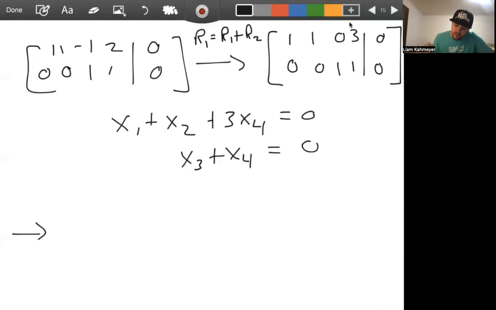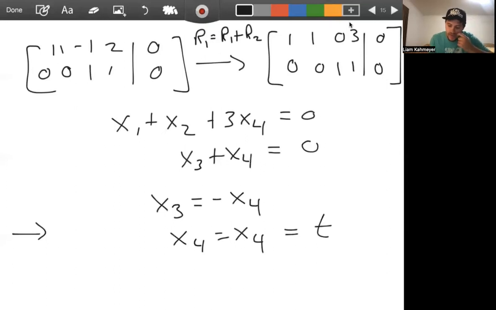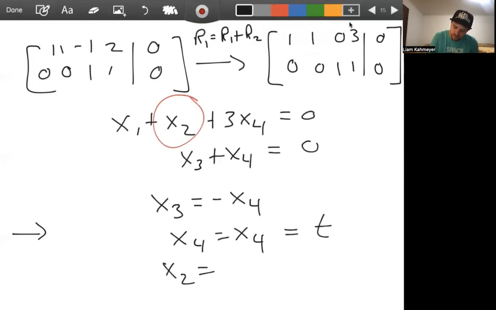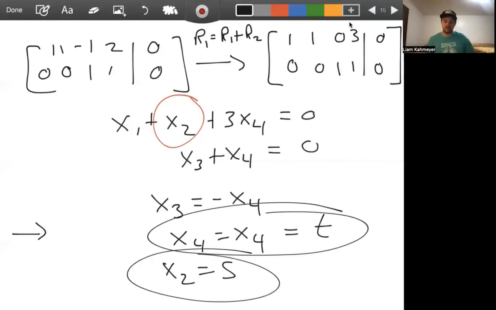We have x3 is going to be equal to negative x4, and x4 is equal to x4. So let's give this a parameter t, and then we also have this x2 here, right? x2 depends on nothing else, so let's say x2 is equal to s.